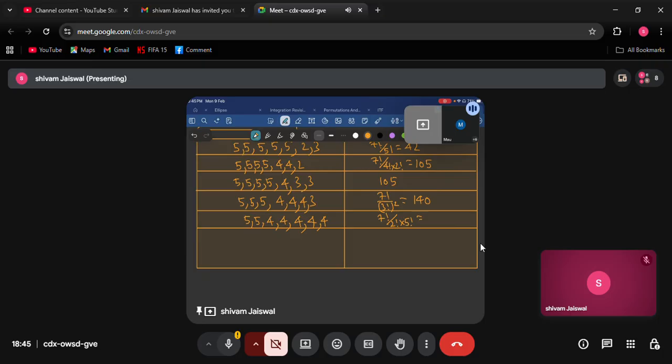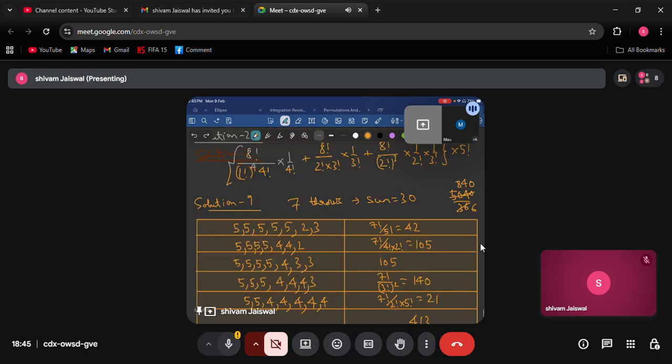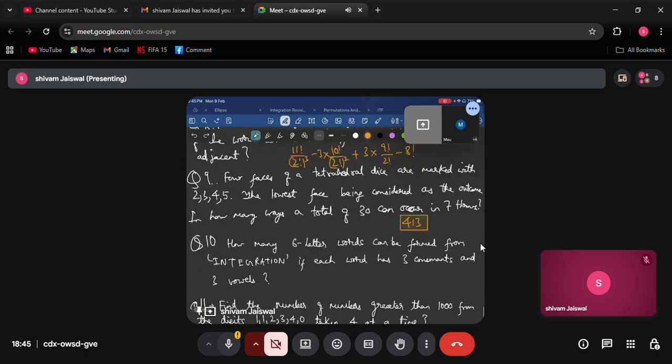No, wait, 7 6, 42 by 2, 21. When you add, how much is it coming? 210, 350, 350 plus 63 is 413. Is it clear? Everything is clear? Yes. Okay.